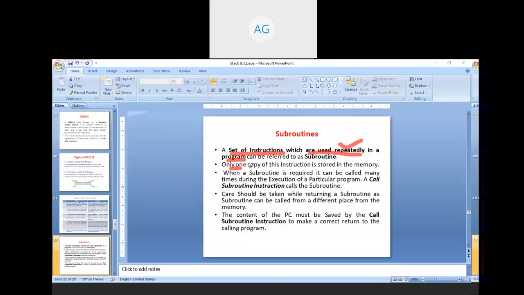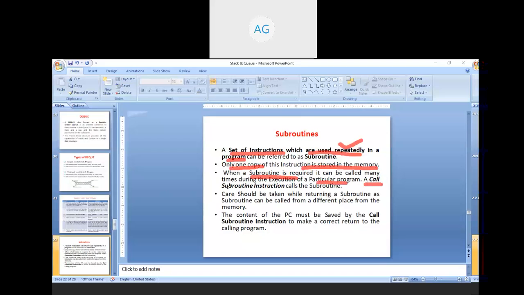Only one copy of this instruction is stored in the memory. In order to save memory, only one copy of subroutines is stored in memory, but these instructions are used repeatedly in the program. That's why it is called subroutines. So when a subroutine is required, it can be called many times during the execution of a particular program.